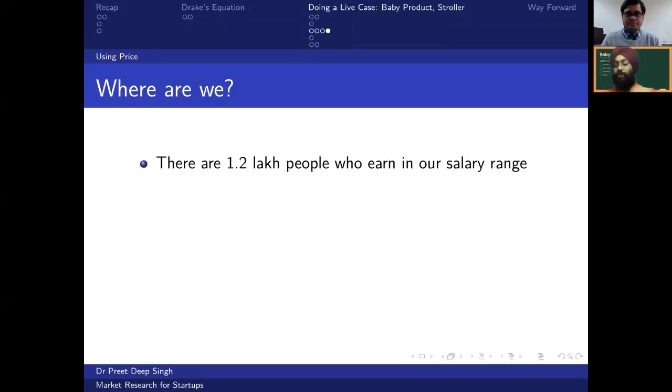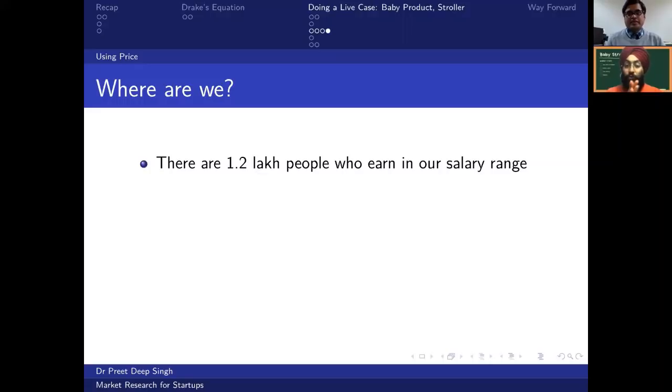What is our salary range? People who earn 60 lakh and above. There are 1.2 lakh people in our range. So does that mean we are done? Does that mean 1.2 lakh is our market? Let us add some critical thought to it. Take a moment and maybe pause your screen if you want, but just tell me, where do you go from here?